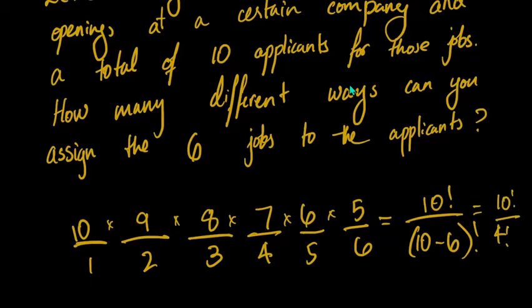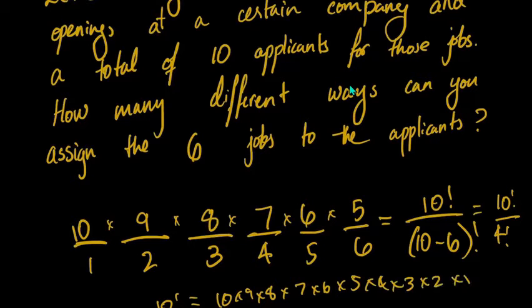Well, 10 factorial is equal to 10 times 9 times 8 times 7 times 6 times 5 times 4 times 3 times 2 times 1, whereas 4 factorial is equal to 4 times 3 times 2 times 1. Well, 4 times 3 times 2 times 1 is on the top and on the bottom, so you just cancel them out.